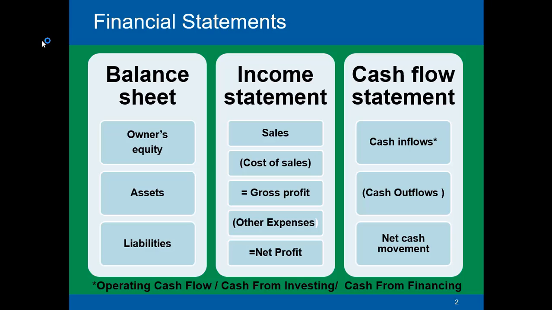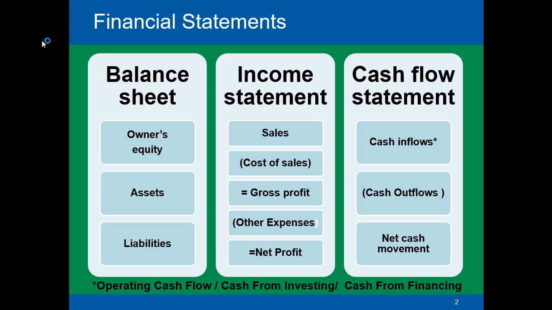So till the time the company is having extra cash which they can't use immediately, they would like to park this money or deploy this money in various kinds of investments in form of shares or bonds or fixed deposits. So the cash from investing activity represents that. Then the third one is cash from financing. The company may need money to do business.